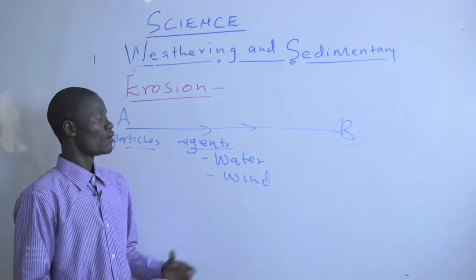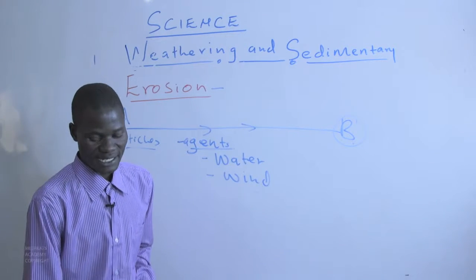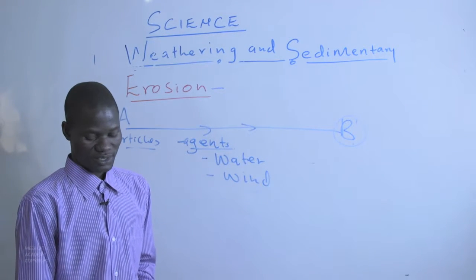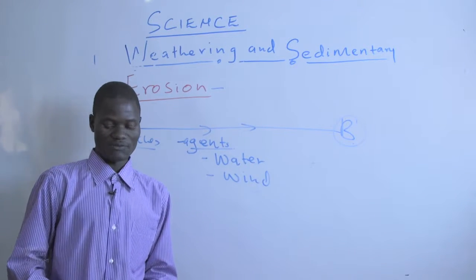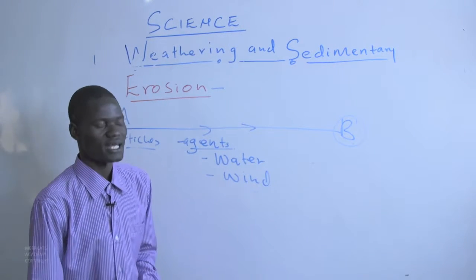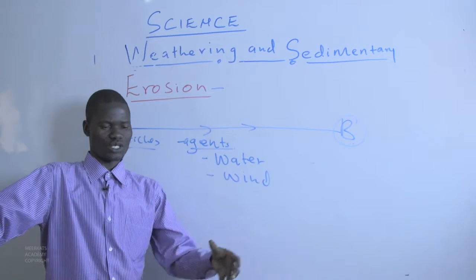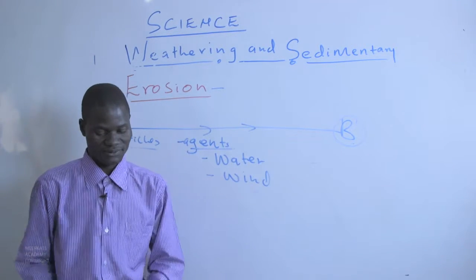For example, water in its nature is a powerful force because it generates a force in the form of currents as the water moves in the streams of a river.